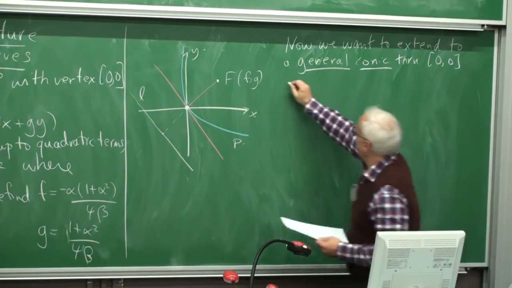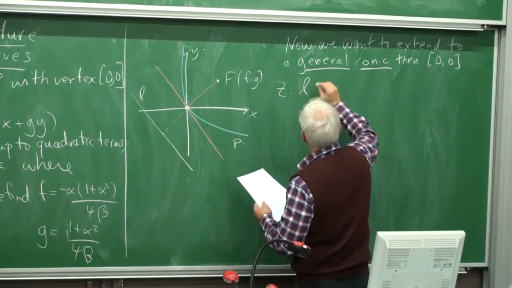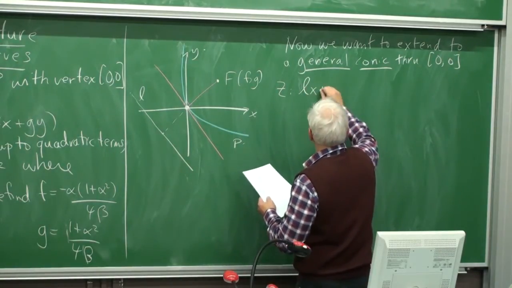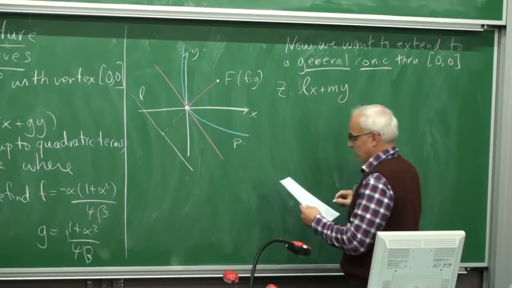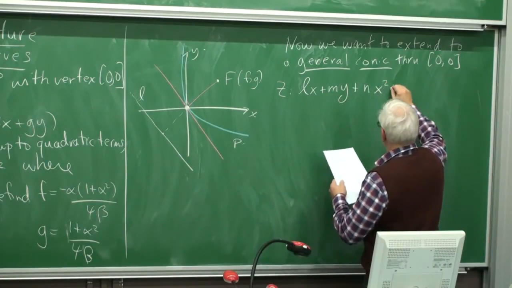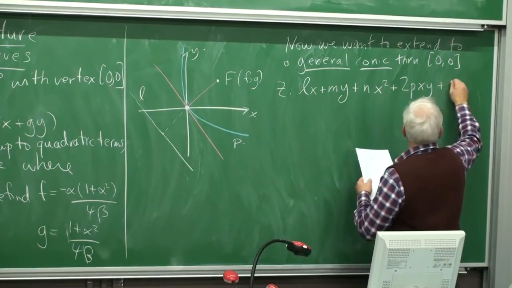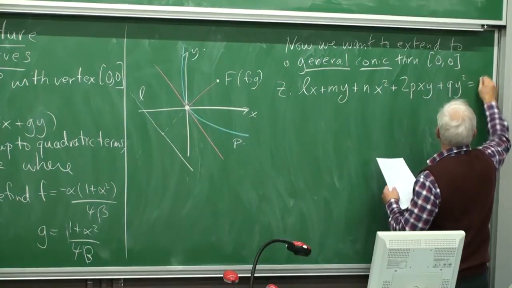And let's call it, say, Z, this conic. We'll assume it has the form Lx plus My, those are the linear terms, and then the quadratic terms will be nx squared plus 2pxy plus qy squared equals 0.